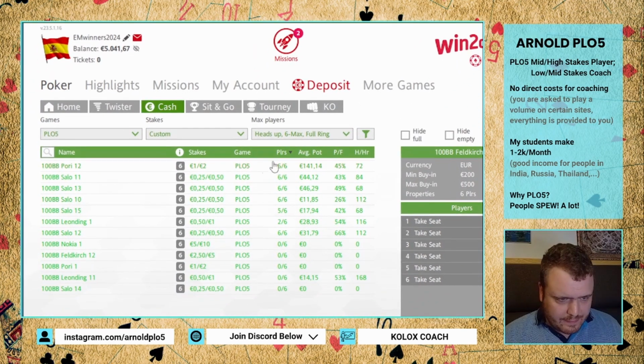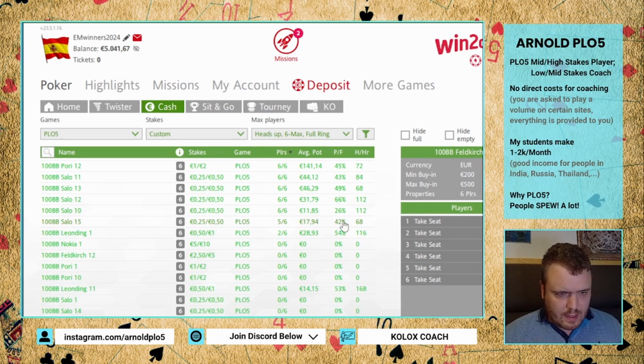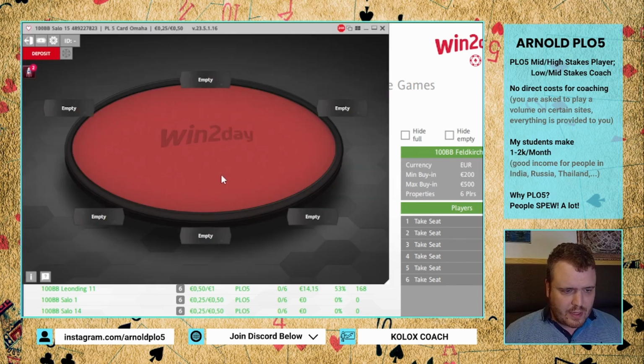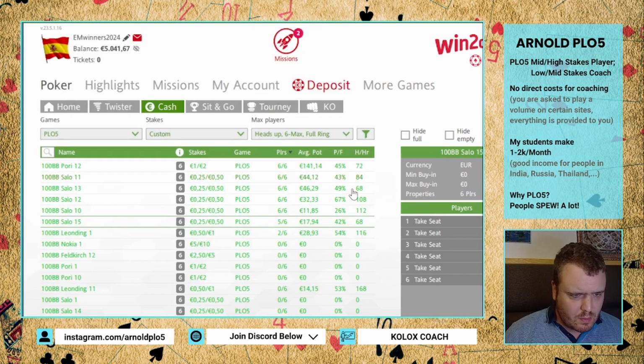And we have here players. I often look at this stat here, how many people are on the flop on average. When this stat is high, it doesn't open. Why doesn't it open? Don't know.